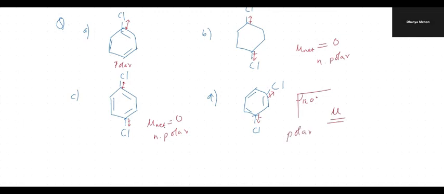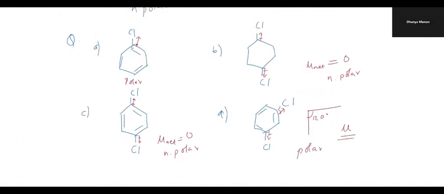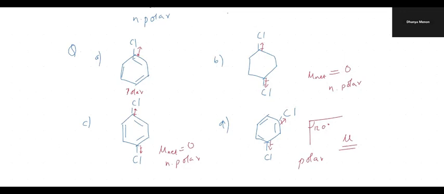In this, if I ask you which of them is non-polar, I'm getting two answers, C and B. But if it is asked as a multiple choice question, you cannot give two answers, right? You have to give me one answer. So in that case, let's check B, if we have made any mistake in B. In B, this is not benzene.